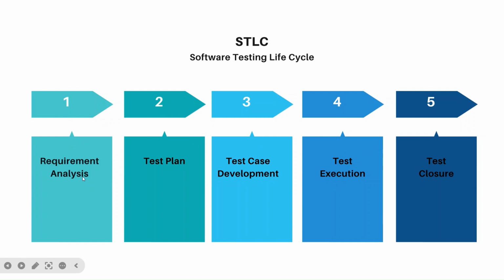In the requirement analysis phase, we make sure of the acceptance criteria, that is, what the business has requested and whether the dev team has developed it or not. We gather all the points in the requirement analysis to start our test plan. If we have 10 criteria to test, how much time it will take, the timeline, test execution, test design, everything needs to be planned in this phase.